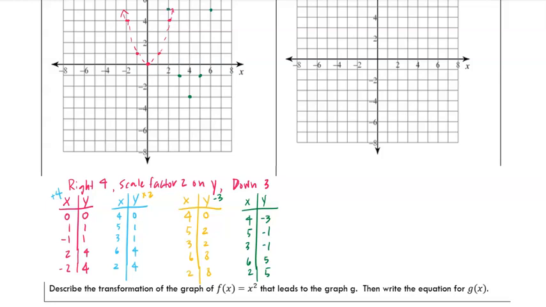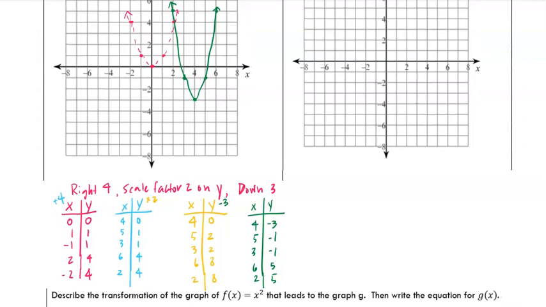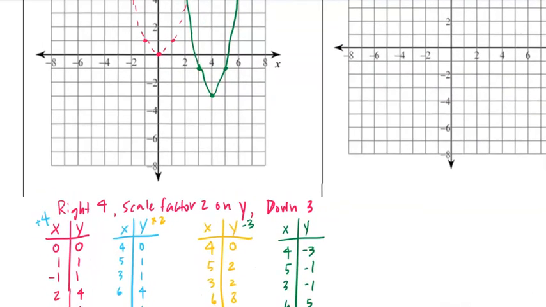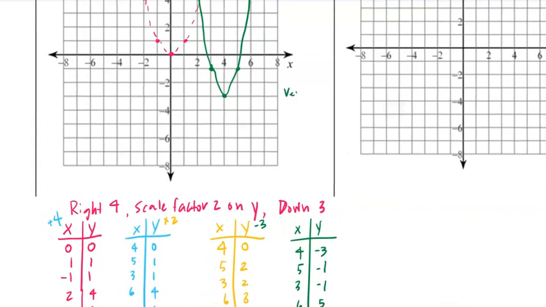There it is. Now the vertex of this is going to be 4, negative 3, and the axis of symmetry is going to be x equals 4.